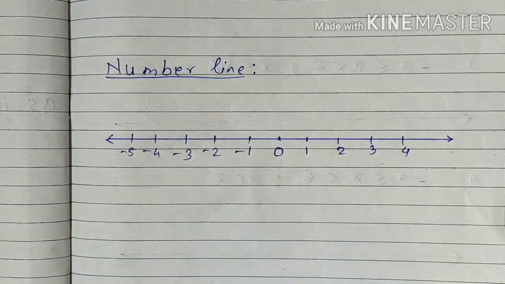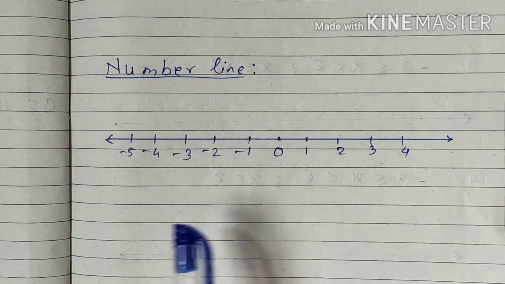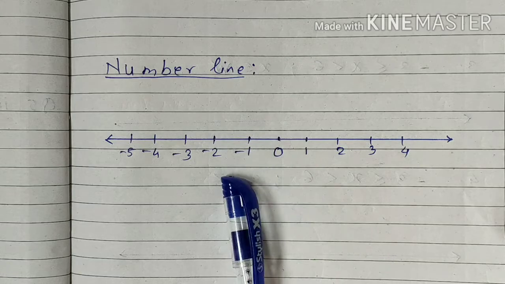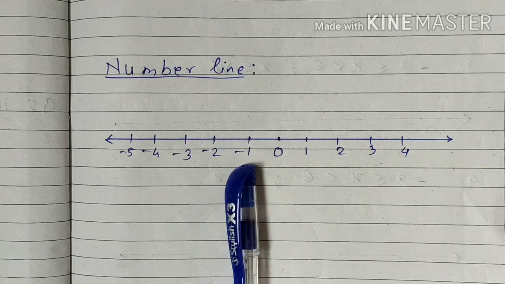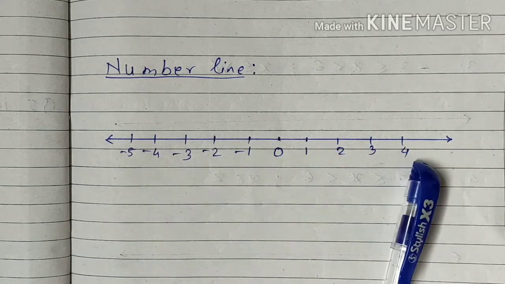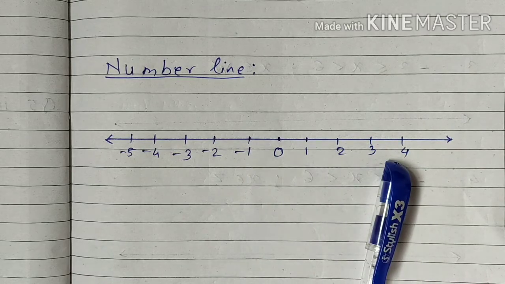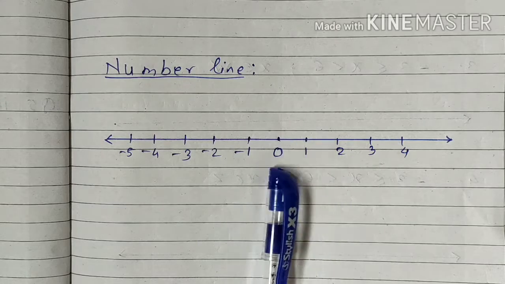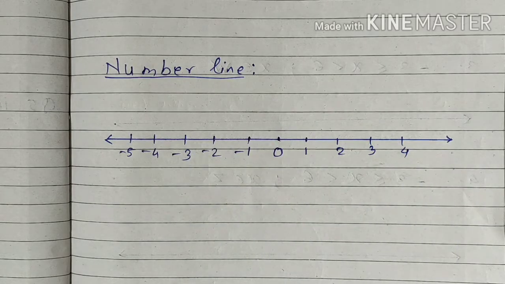This we have already learned in our lower classes. Now, in this chapter, whatever solution set we get, we have to represent this solution set on the number line.